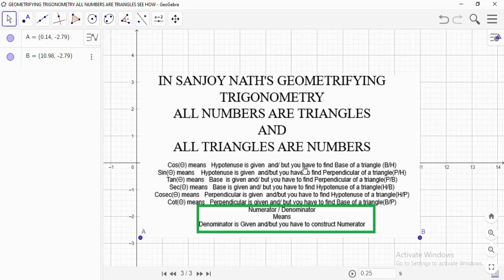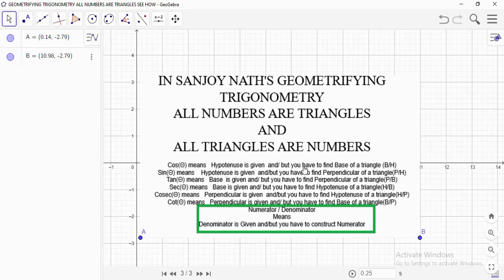And when these two line segments are generated, obviously one point of the numerator is connected with one point of the denominator, and another point of the numerator line segment is free, and another point of the denominator line segment is free. Just join those two points and you will get the third line of the triangle, that is the complement line segment, automatically generated as per the construction protocol of geometrifying trigonometry.